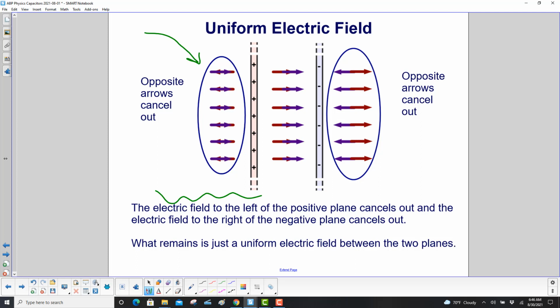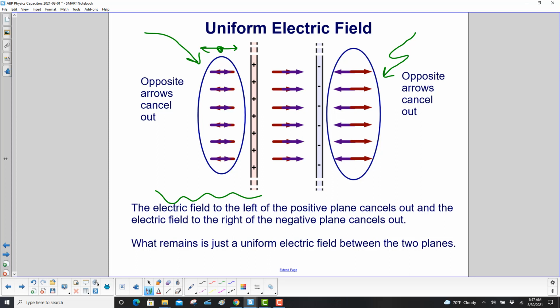Why? Because the negative is giving you a field in this direction, and the positive is giving you a field in this direction. They are both equal and opposite outside the planes there, so they cancel out. And the electric field to the right of the negative charges cancels out.